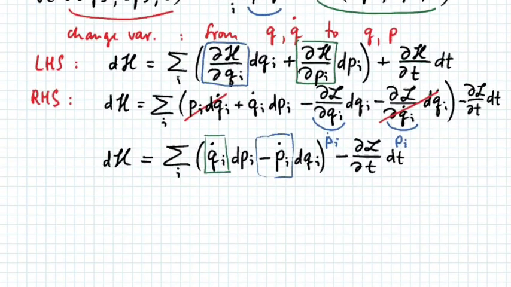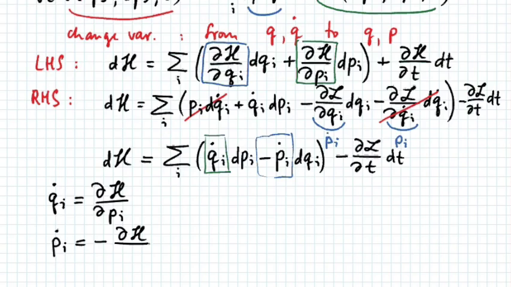We get a pair of equations for each variable q and p, and let's write them out. So q sub I dot, therefore, is equal to partial derivative of Hamiltonian with respect to momentum component p sub I, and p sub I dot equal to minus partial derivative of Hamiltonian with respect to q sub I. So what we have just written is Hamilton's equations of motion.